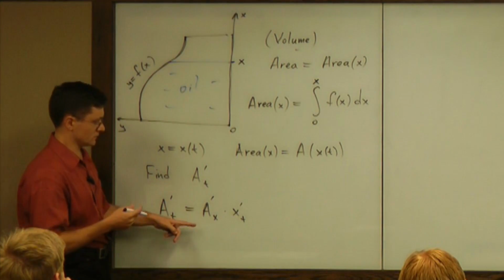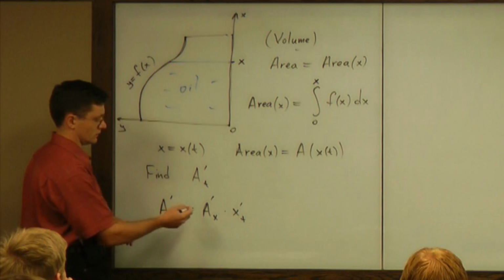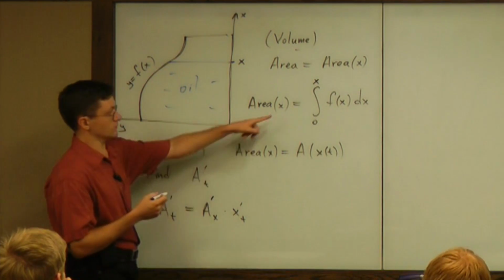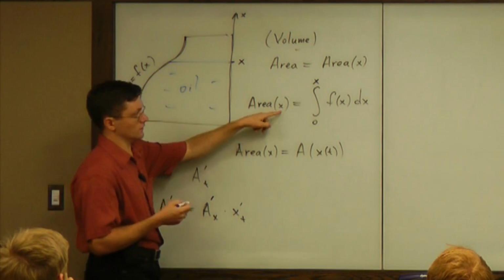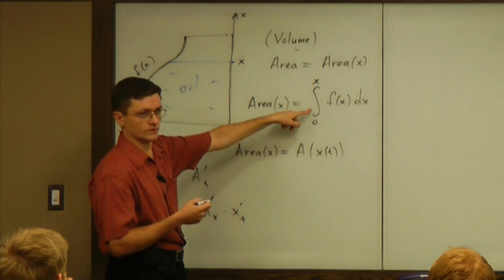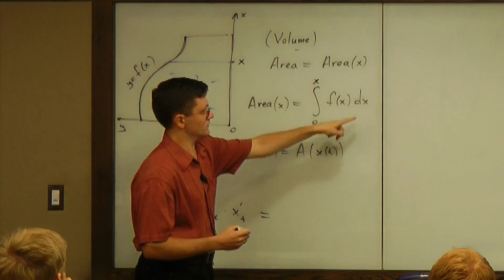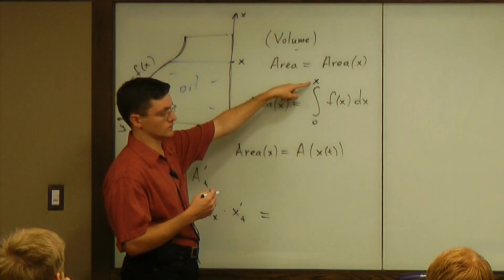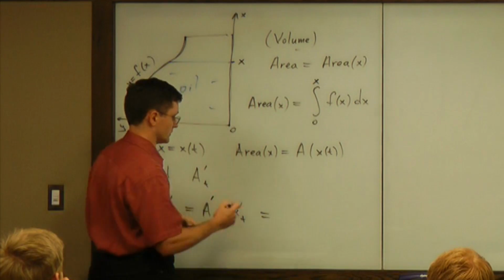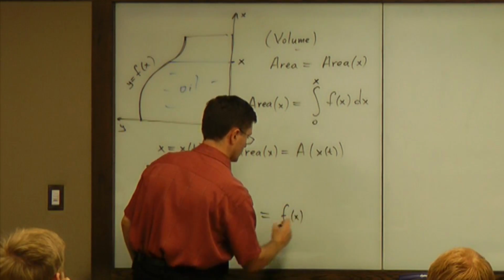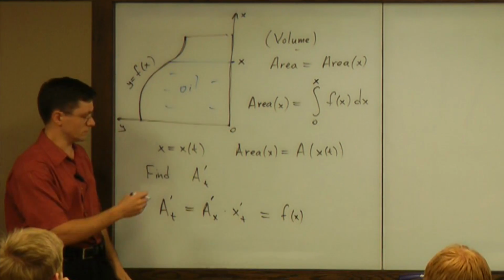And what that means is that we can now differentiate the function A as a function of x. And that is exactly the fundamental theorem of calculus. So the derivative of this integral with respect to x, where x is the upper limit, is simply the integrand evaluated at x.